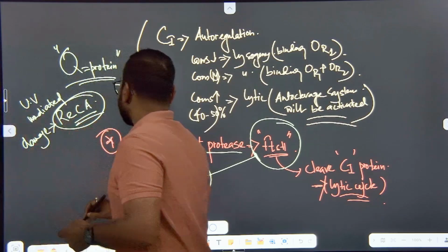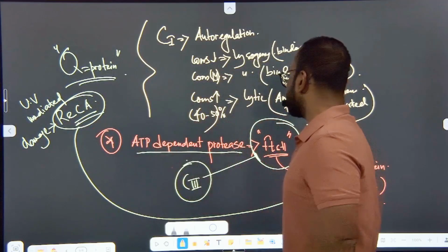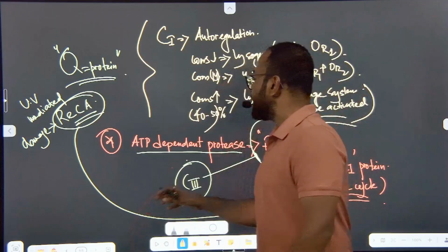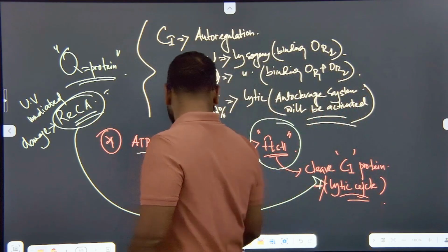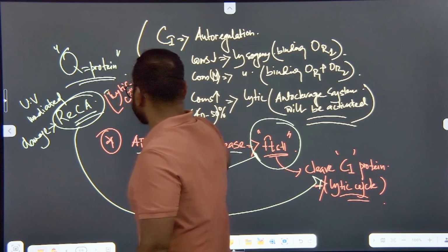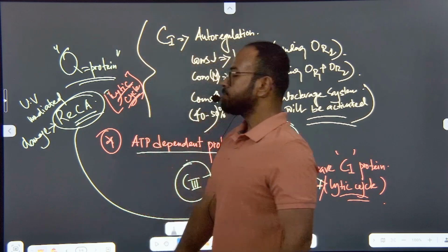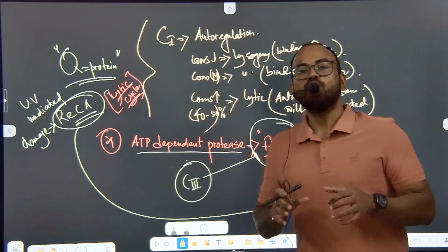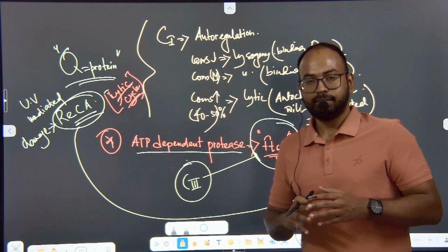This RecA has also the ability to cleave C1, and that can also promote lytic cycle. So this is how the overall process of lytic and lysogeny will result.